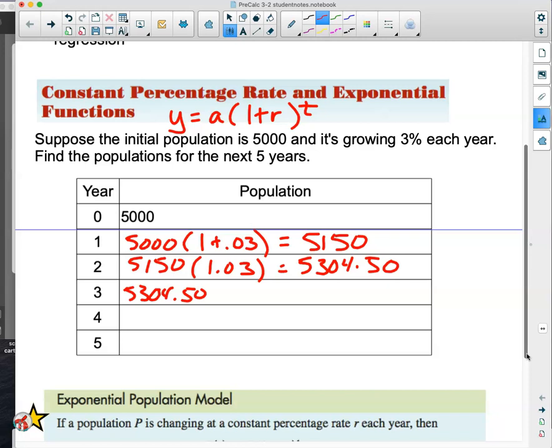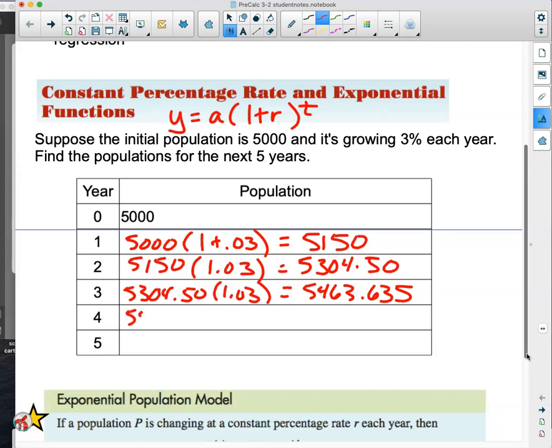And again, I would take that times 1.03. And we'd plug that into the calculator, and that would give us 5,463.635. Well, that's our new beginning for the fourth year.